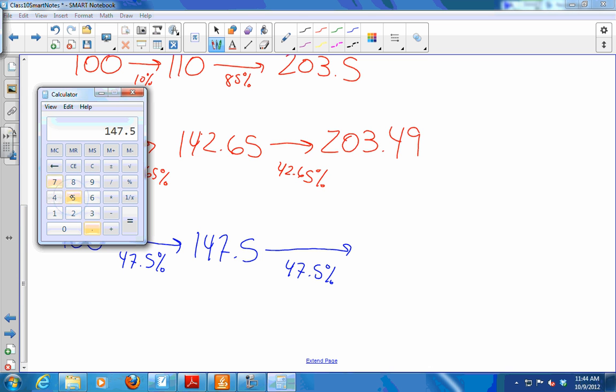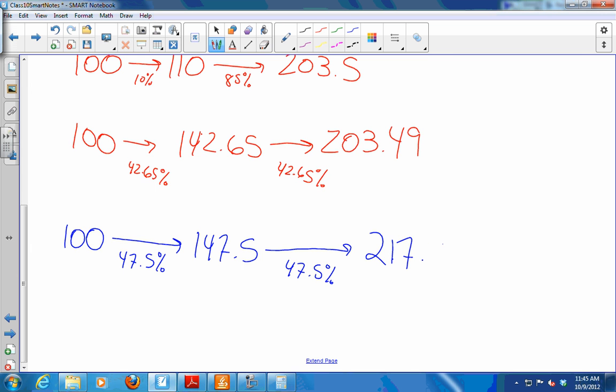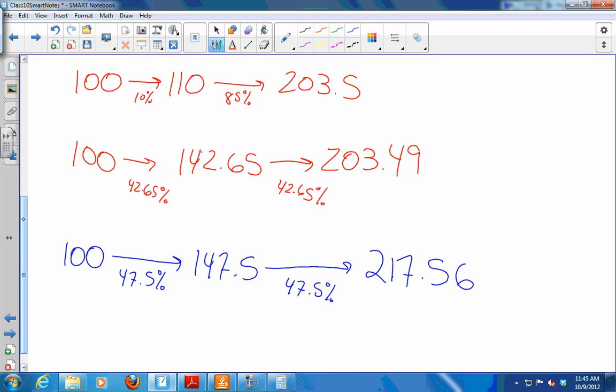So 147.5 times 1.475, and I get 217.56. That's way off. All right. So the regular old average is not equivalent to increasing by 10% and then 85%.